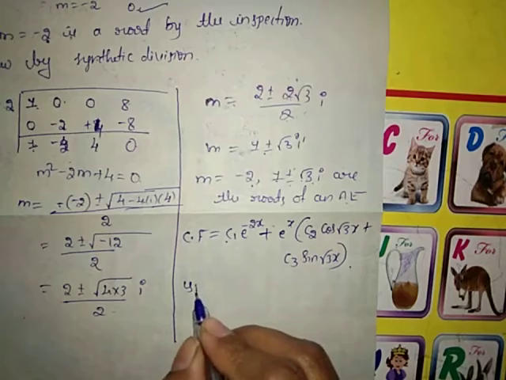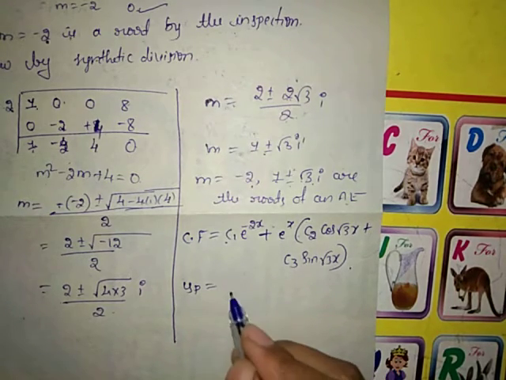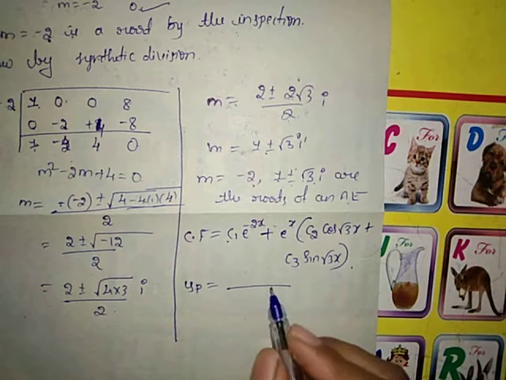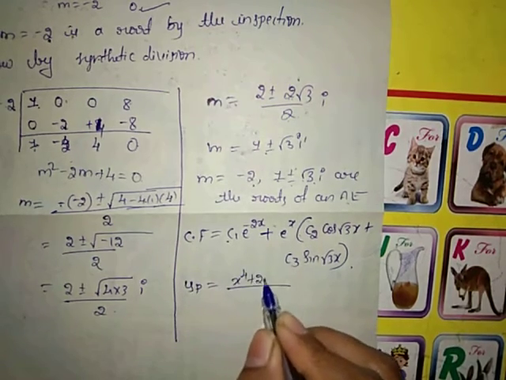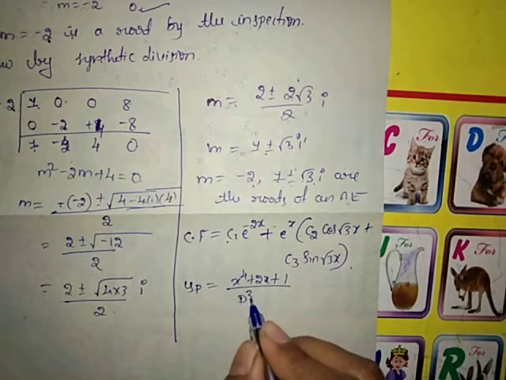Now our particular integral is equal to function of x divided by function of D. So our function of x is x raised to 4 plus 2x plus 1, divided by D cube plus 8.